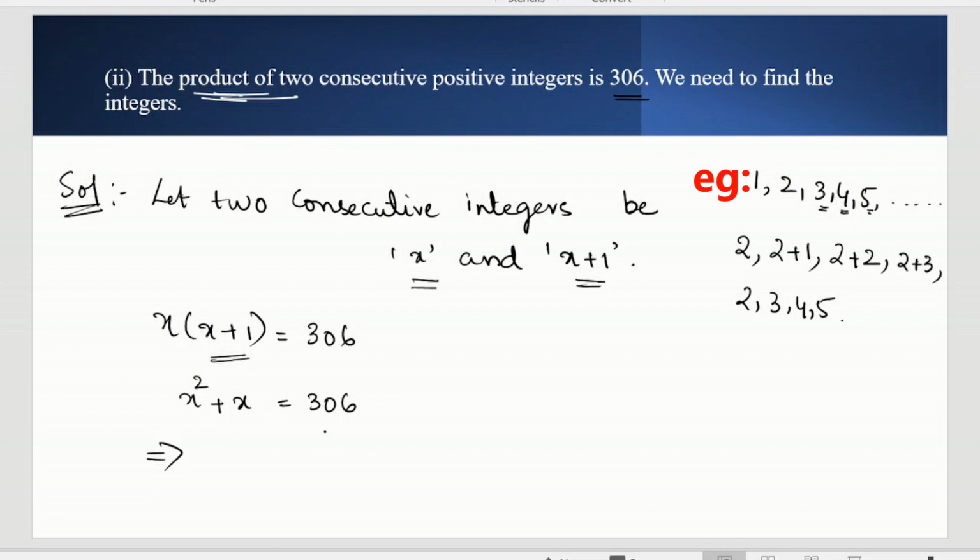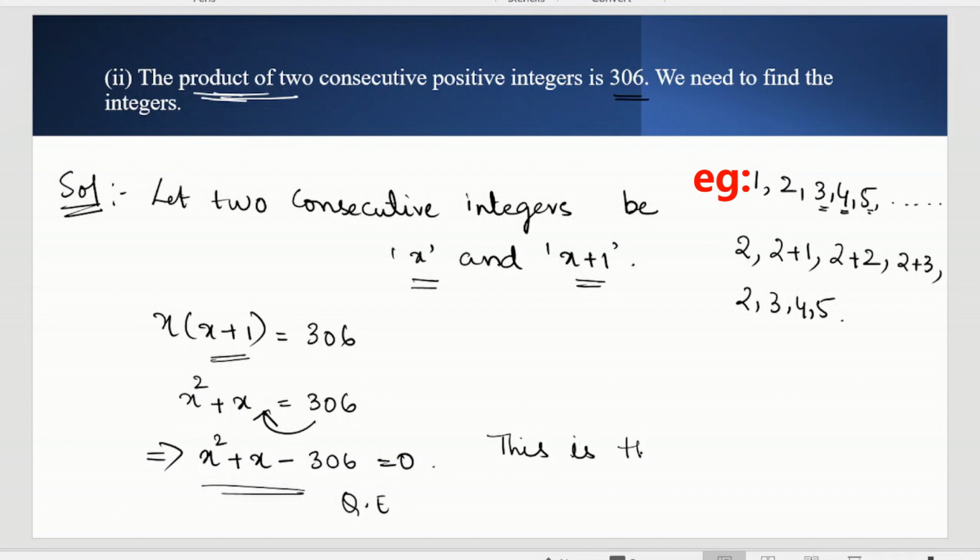So now let us get this 306 to the LHS, which becomes x square plus x minus 306 equal to 0. Now this is in the form of a quadratic equation, the required quadratic equation. Okay, clear?